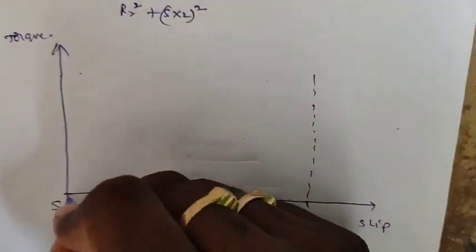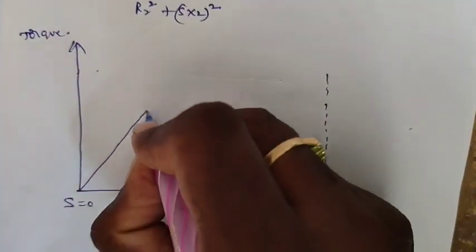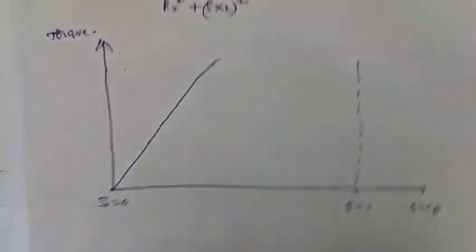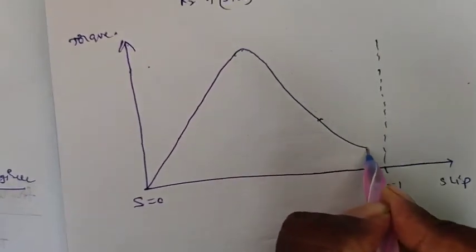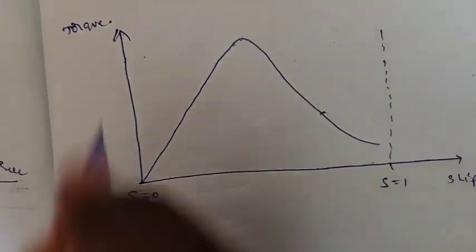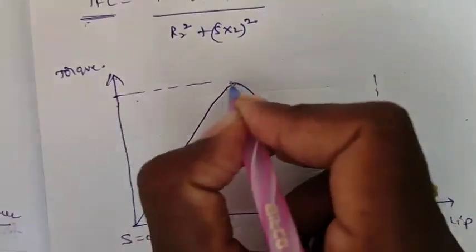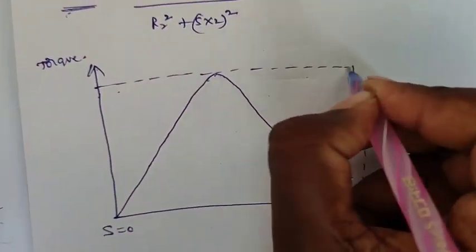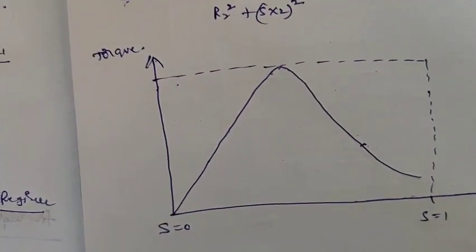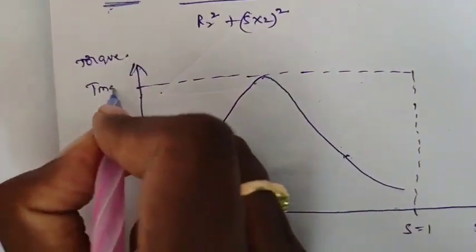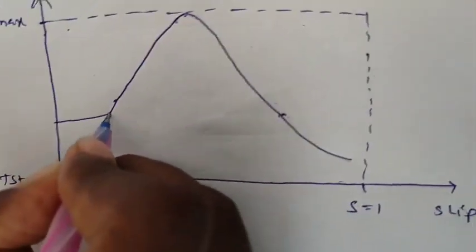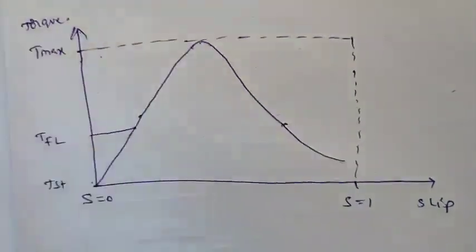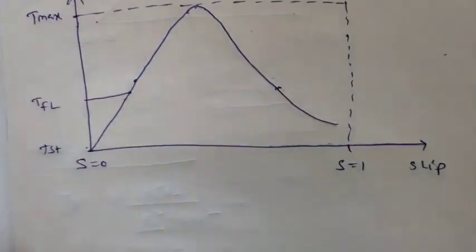In this the torque increases up to some extent, and after that it goes like that. This is the maximum torque. This is the starting torque. At any one of the linear points we can operate, we can get full load torque.